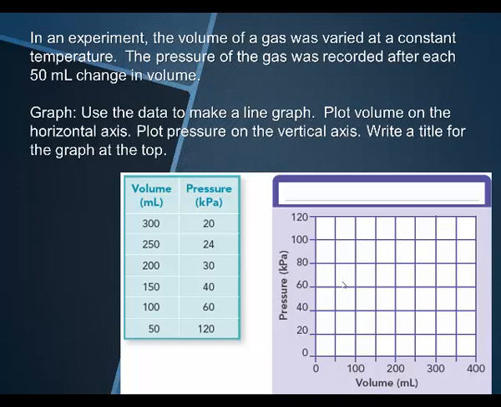Take a moment to do this on your own. The title of our graph is going to be Boyle's Law. I titled mine Boyle's Law graph. We are then going to plot the x-axis and the y-axis using the data points that are in the data table.